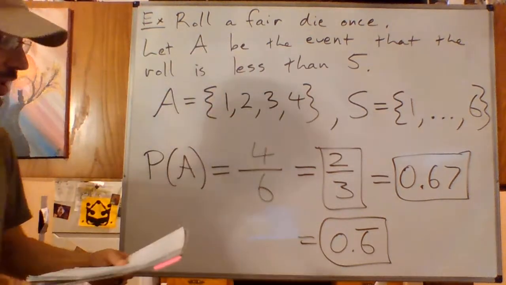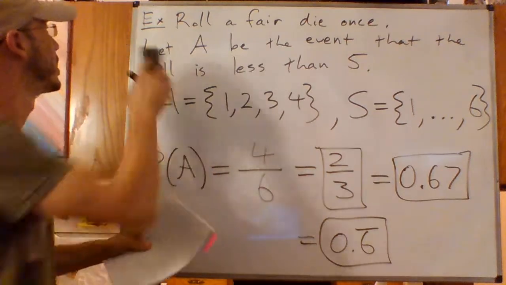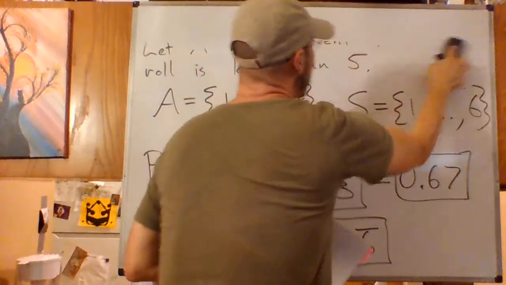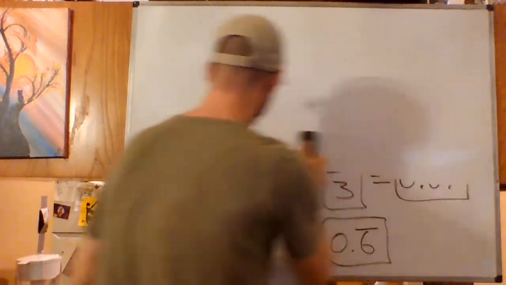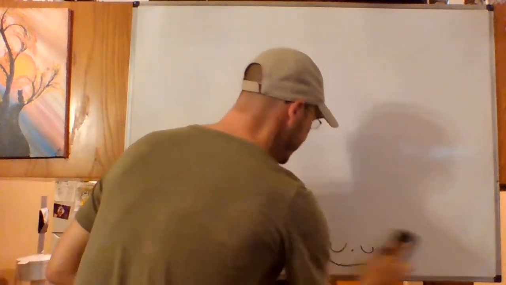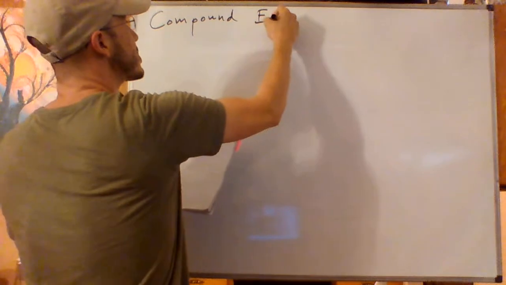All right, so next we're going to look at how to combine events and find the probabilities of more than one event in more than one way. So these are called compound events.